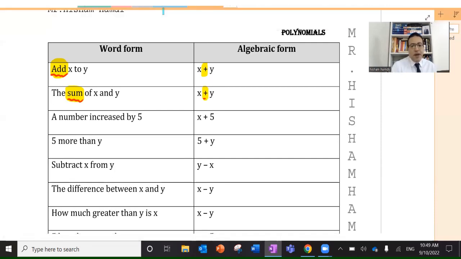A number increased by 5 and 5 more than: more than and increased by both mean addition. You can write it as x plus 5 and 5 plus x, and this is called the commutative property.